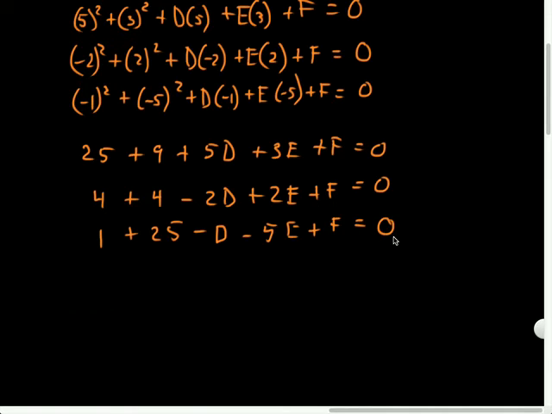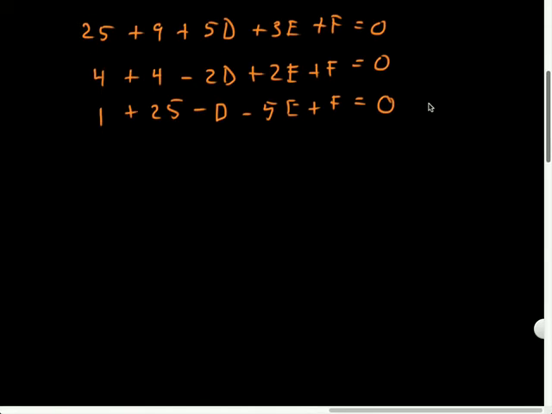I'm going to want to solve for d, e, and f. All right? So what we can do is combine these constants and move them to the other side of the equation. So 25 plus 9 is going to be 34, and I'm going to move that to the other side. So 5d plus 3e plus f equals, make sure I'm not making any mistakes here, friends, -34.